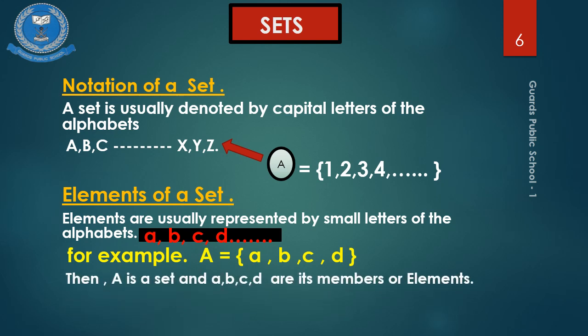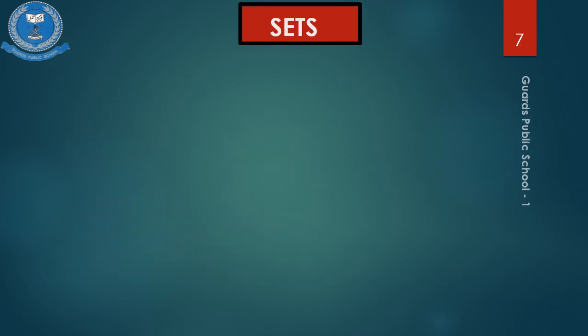Look at the example. Capital A is a set and small letters a, b, c, d are its members or elements. There are three types of set: finite sets, infinite sets, empty sets.